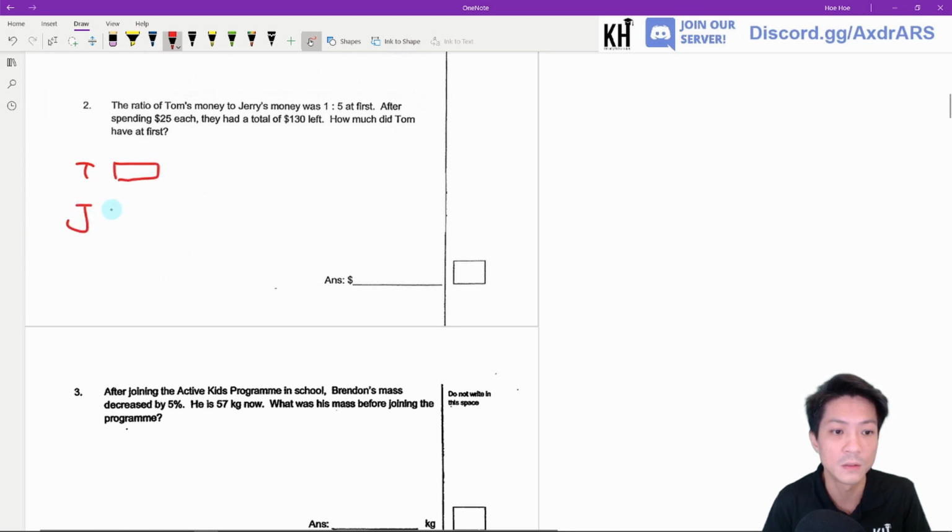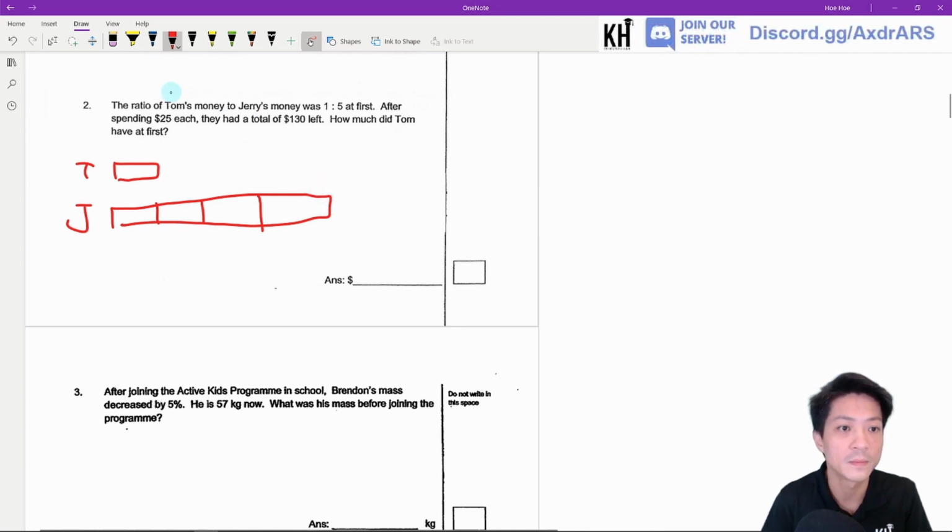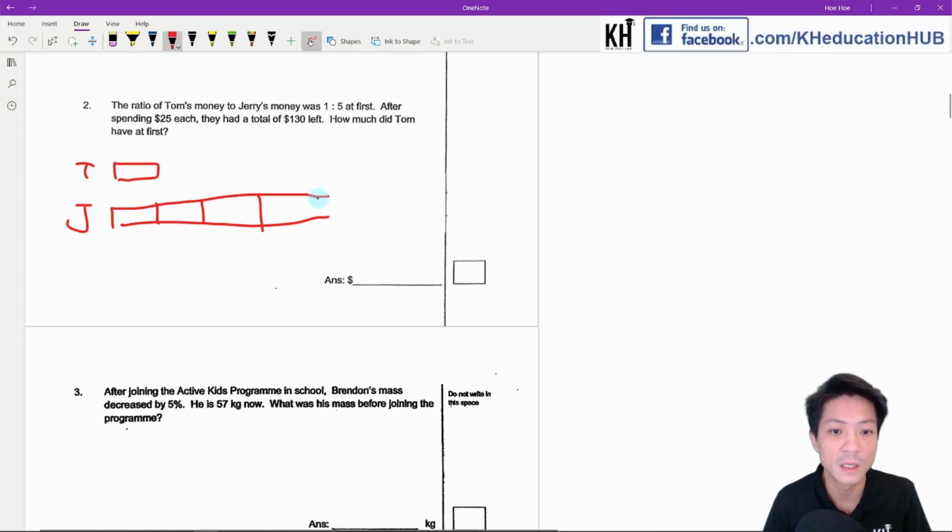Maybe. That's going to be enough for 5. I'm going to erase away this part here, and then extend it, make it 5.